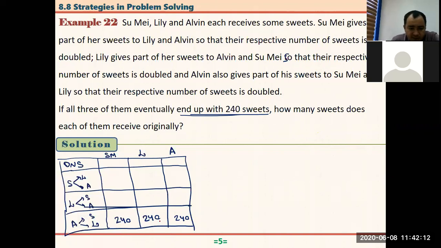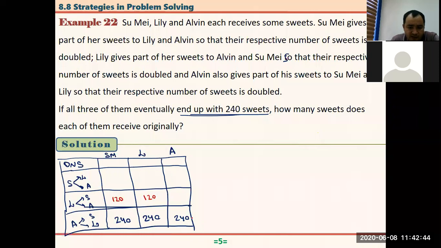Alvin gives some of them here. Before this, how many did Alvin have? Look, Alvin gives to Sume and Lily, and these double. So that means before Alvin gives, how many candies did Sume have? Because after Alvin gives to these people, it is double. So half of this, before this Sume has 120. How about Lily? She also has 120.